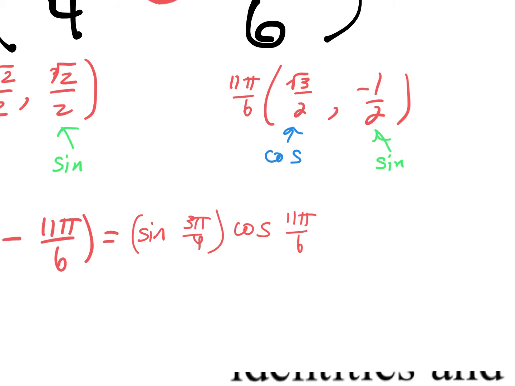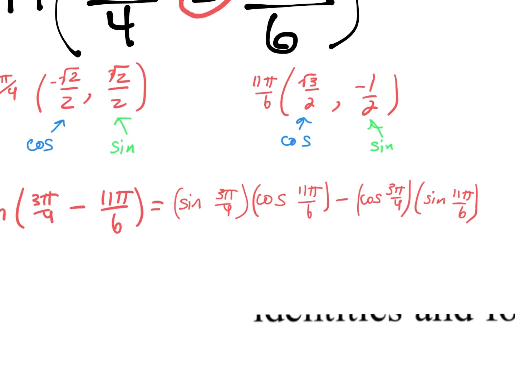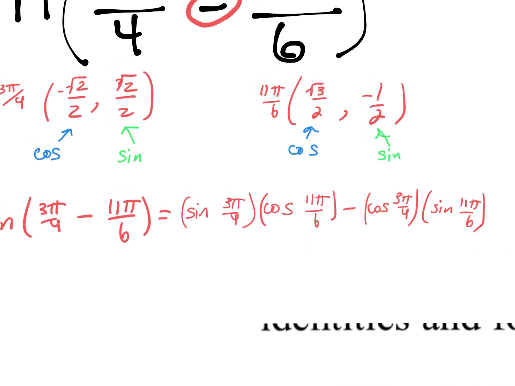So minus the cosine of 3 pi over 4 times the sine of 11 pi over 6. All right? All I did was look at the formula itself and fill in the two angles that I had. Now I'm going to substitute in the values that I already figured out.